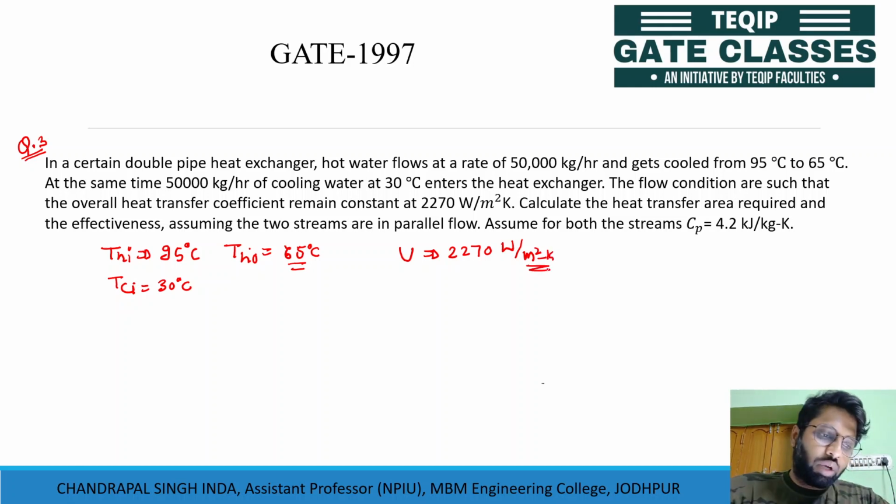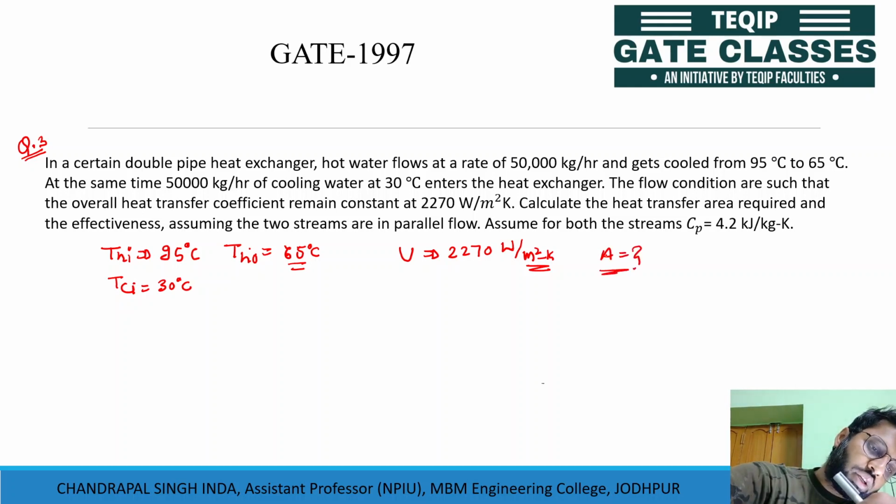So we are required to calculate the heat transfer area, so area is question mark, and we are also required to find the effectiveness of the heat exchanger.